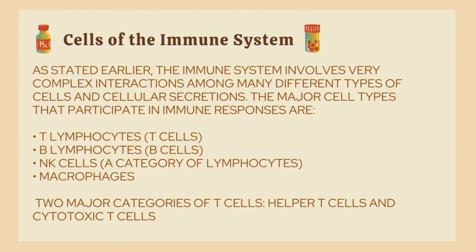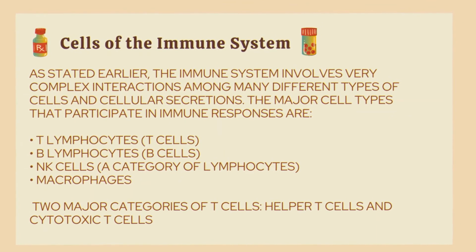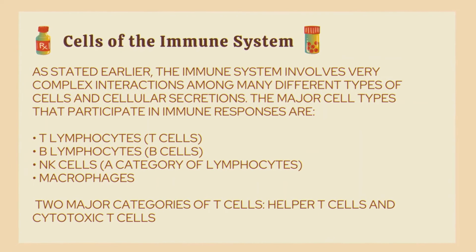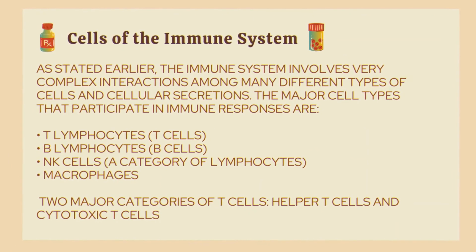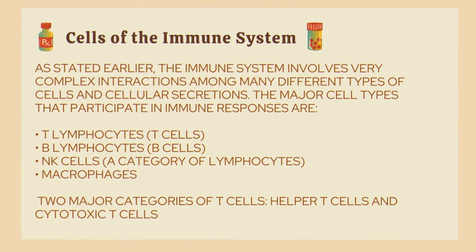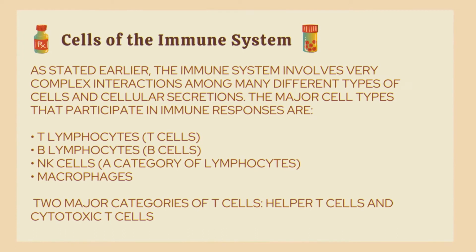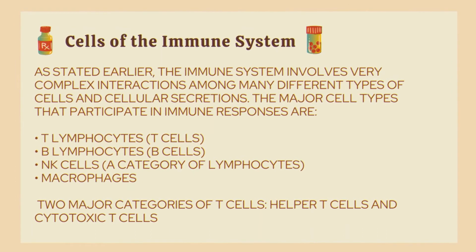The cells involved in immune responses originate in the bone marrow, from which most blood cells develop. The 3 lines of lymphocytes, B lymphocytes or B cells, T lymphocytes or T cells, and NK cells, are derived from lymphoid stem cells of the bone marrow.